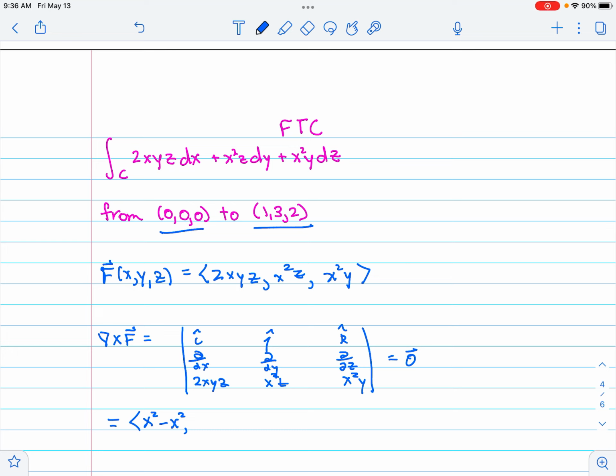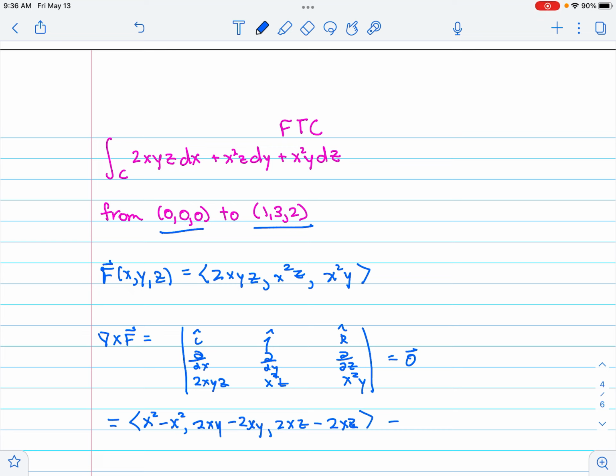We want this to be the 0 vector. Okay, so let's look at the next one. This is going to be 2xy minus 2xy. Okay, good, that's 0. And then finally, the last one, this is going to be 2xz minus 2xz.